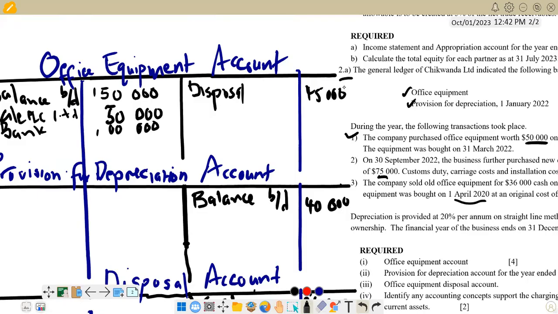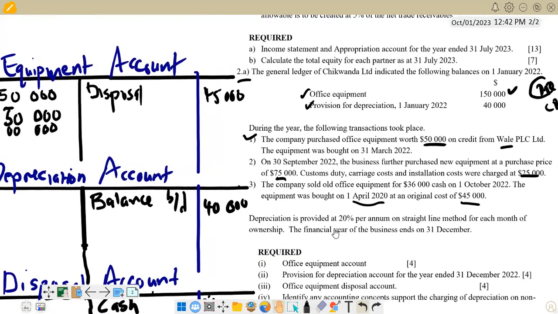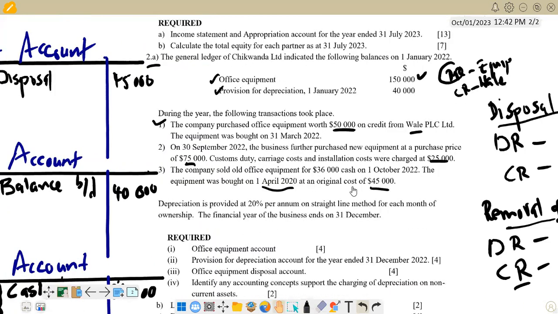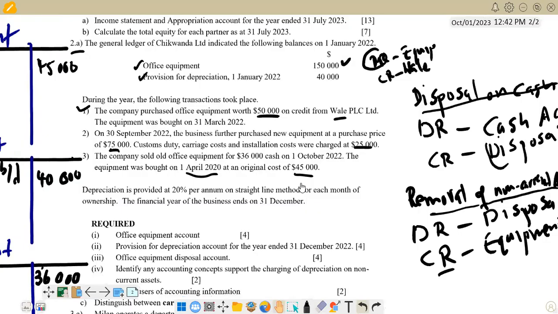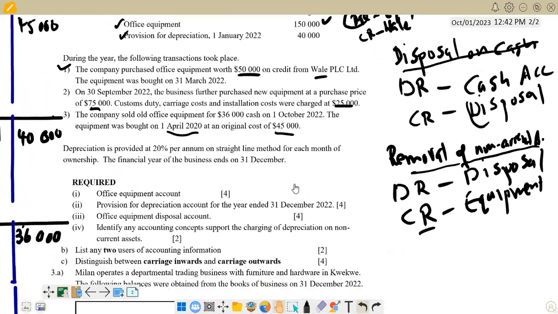Right. Then we look again at what's next that needs to be entered. I think we finished there. What is left now is the issue of depreciation, because this non-current asset that has been sold has accumulated depreciation that has to be removed from the books.